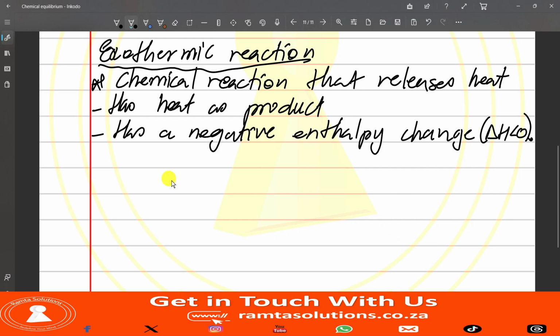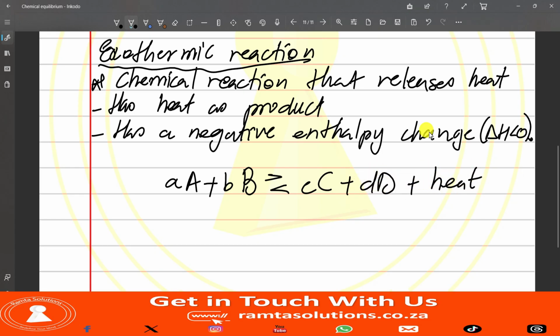An example here, generally, is A plus B at equilibrium with C plus D and heat. I prefer to use the forward reaction arrow, but it really doesn't matter.